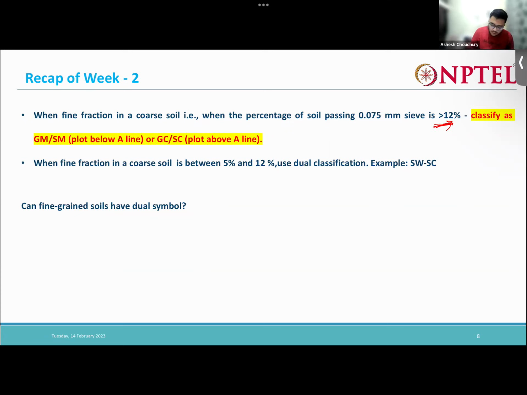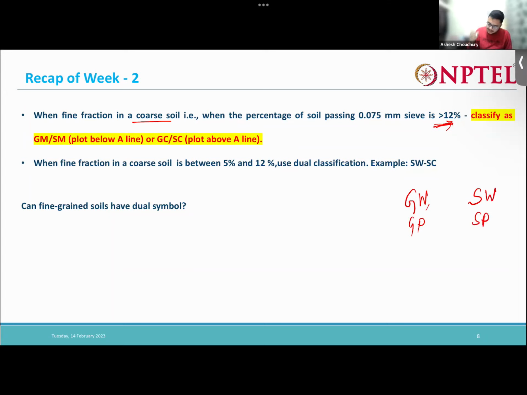We are talking about coarse soil, so it will be either G or S, either gravel or sand. Before, what we spoke about was GW, GP or SW, SP.